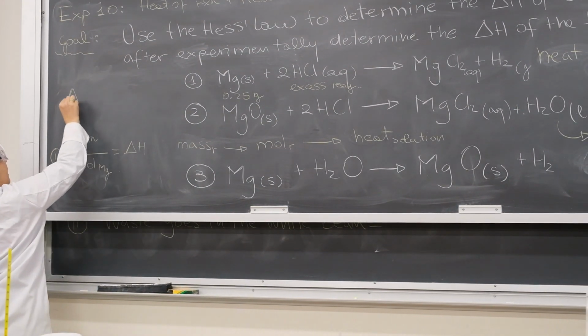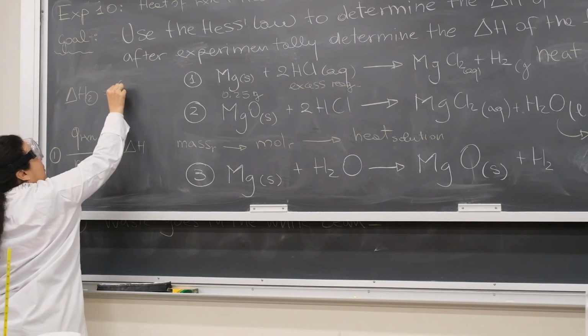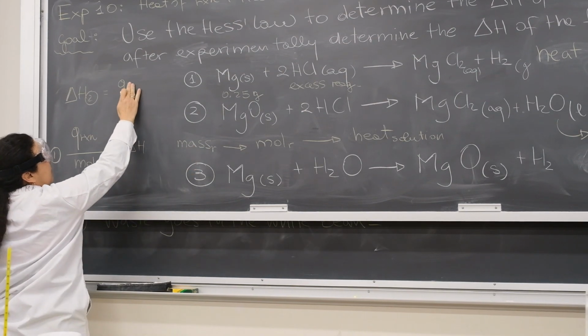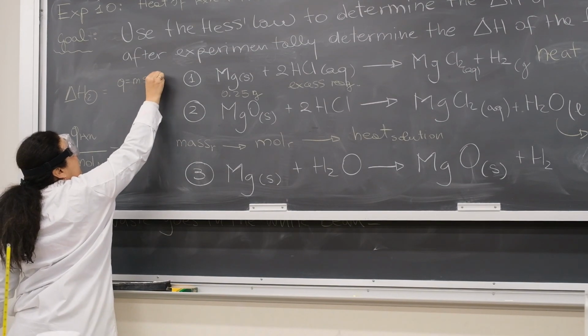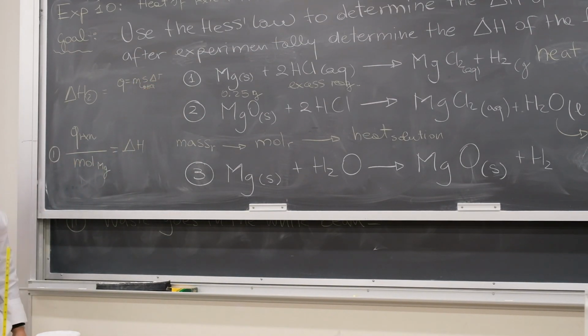For delta H of reaction 2, Q is calculated from the m s delta T, where the m is again the mass of the hydrochloric acid, not the hydrochloric acid plus the magnesium oxide. You will see that if you add the mass of the magnesium oxide, the Q doesn't really change that much.